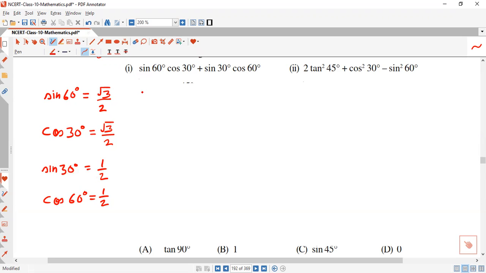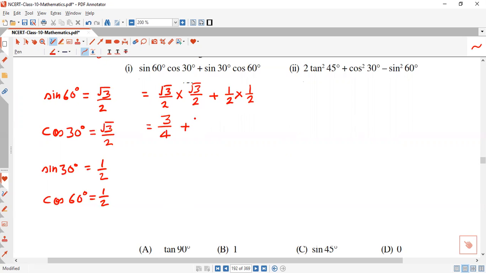We put the values here. Sine 60 degree into cos 30 degree, so root 3 by 2 into root 3 by 2, plus sine 30 degree into cos 60 degree, 1 by 2 into 1 by 2. Root 3 into root 3, multiplied, you are getting 3. 2 into 2, you are getting 4.